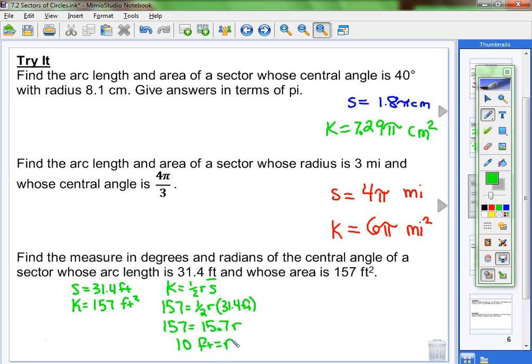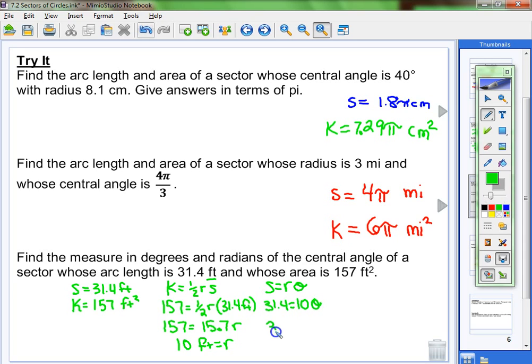We don't need to know the radius specifically, but we need it for finding the central angle. So we can take this and put it back into arc length, which is r times theta. So the arc length is 31.4. We know r is 10, and we need to find theta.